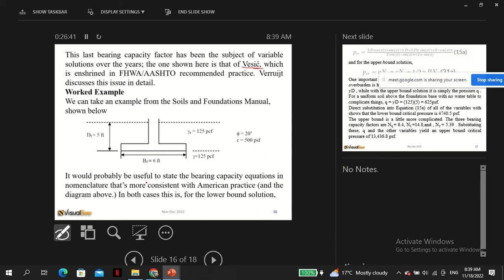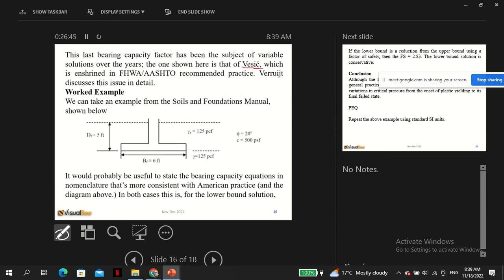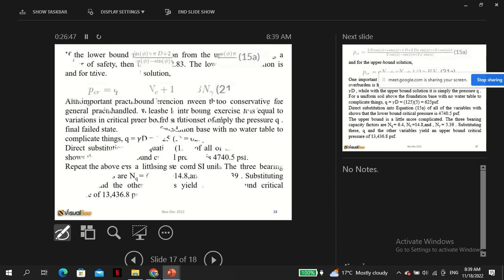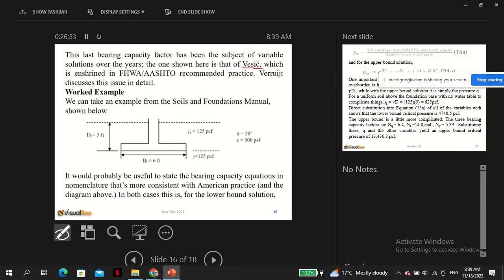It's very simple, in fact. You are asked to determine the bearing capacity solution. Because this is an assignment, you can do the tedious work. Here you only need to know how to substitute in these values.